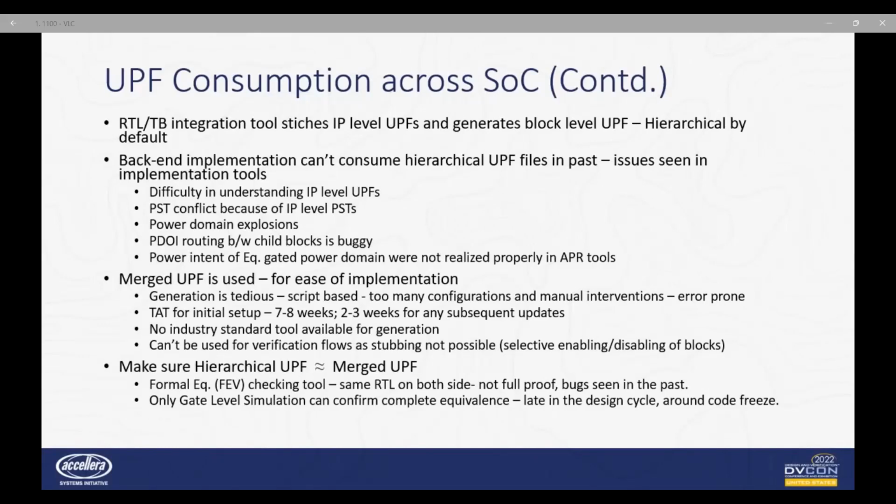In this one, we generally give the same RTL on both sides, with hierarchical UPF on one side and merge UPF on the other. This tool itself is not 100% accurate and we have seen some misses in the past. Only using gate level simulation can we conclude that the UPFs are completely equal. But this GLS simulation always comes at the very end of the project, so it is not very beneficial.